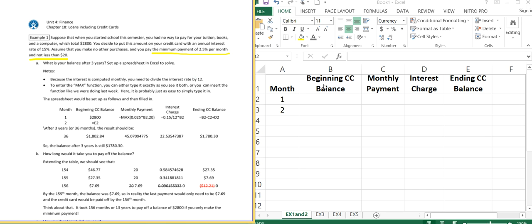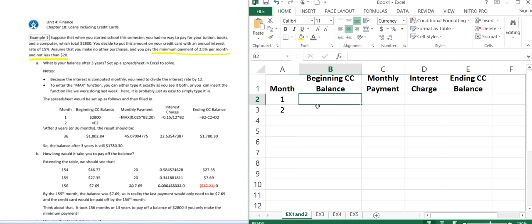So we're going to have a spreadsheet that's going to look pretty similar to what we did with our savings, except we have to really change our mindset here. So the balance this time is a bad thing because this is a loan that we owe, and the interest is not a good thing anymore because this is what we are being charged. So these are some of the things we want to keep in mind.